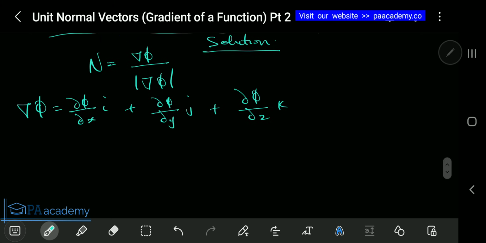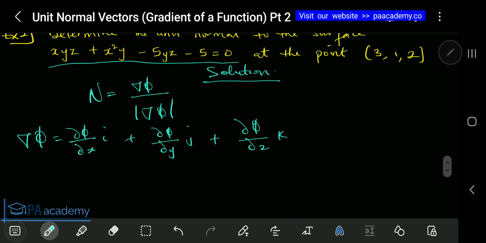Now let's start to do it one after the other. I'm taking time to do this to make sure that I carry everyone along. So let's differentiate the function. Let's look for the partial differentiation with respect to x.